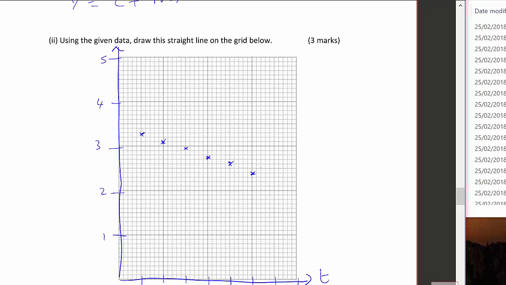And we want a straight line that goes through those. So let's go like that.